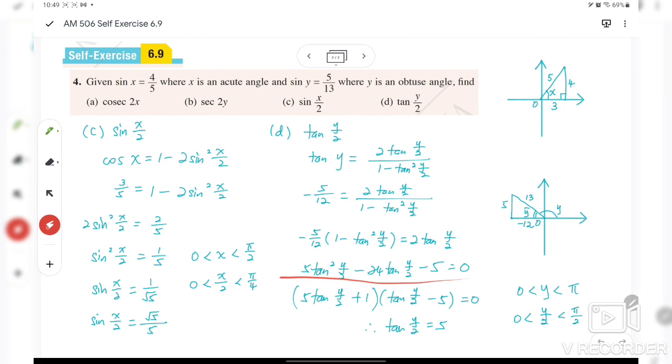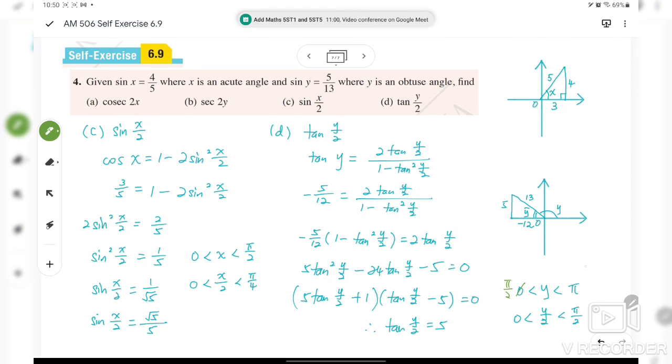So you will see I have already rearranged the quadratic equation. Factorizing this quadratic equation, we get 5 tangent y over 2 plus 1 times tangent y over 2 minus 5. Then, as we see, we check the range of y. The y is an obtuse angle, so to be exact, y will be pi over 2 to pi.